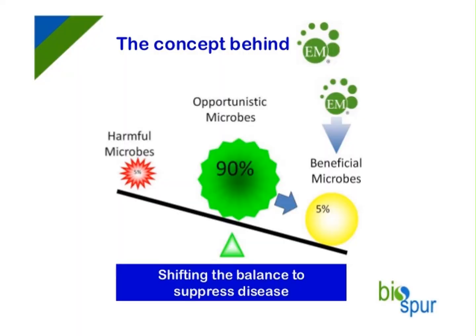The concept behind it: in soils, normally there are 5% harmful microbes, 90% opportunistic microbes, and 5% beneficial microbes. And what happens when you add EM to soil? Opportunistic microbes are going to work as beneficial microbes, and in total there are 95% beneficial microbes, which shifts the balance to suppress diseases.